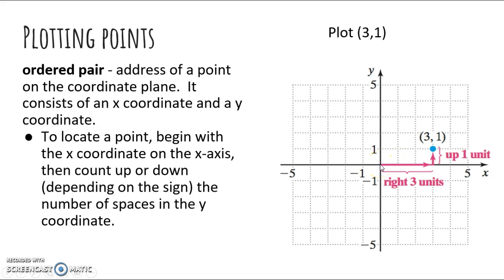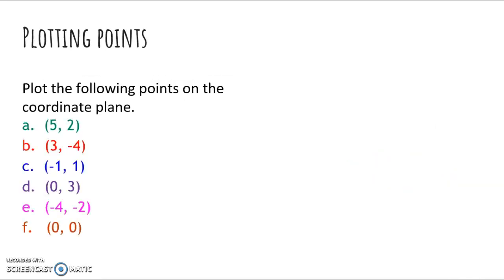If it had been (-3, 1), we would have gone left 3 and up 1. If it had been (-3, -1), we would have gone left 3 and down 1. (3, -1) would be right 3 and down 1. Okay? So you guys try.